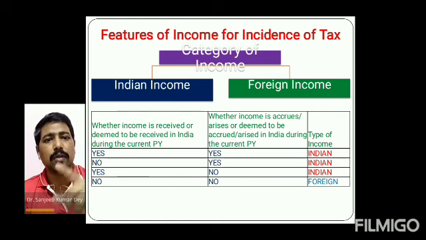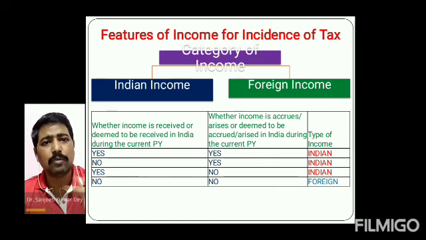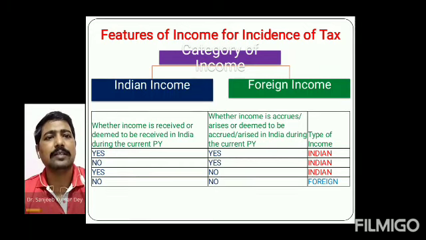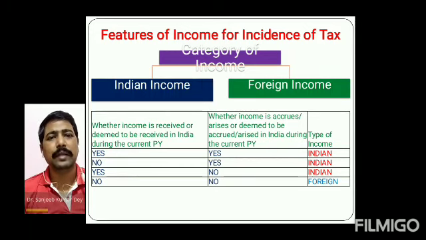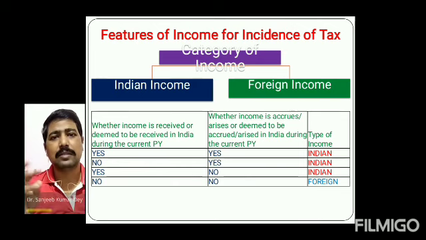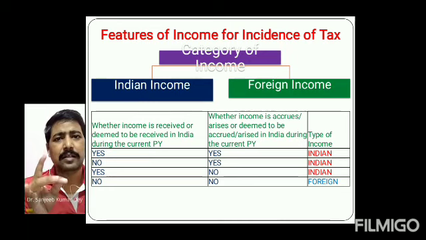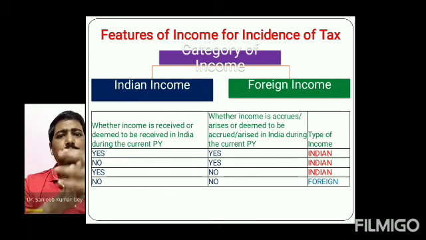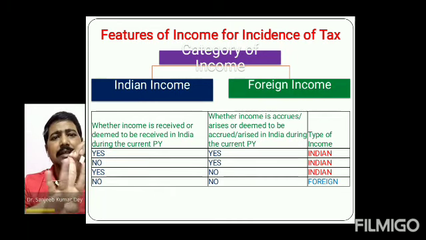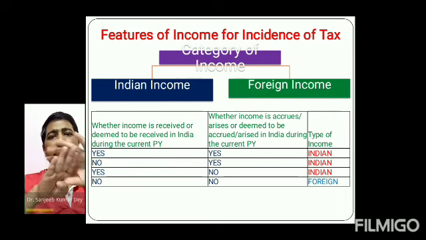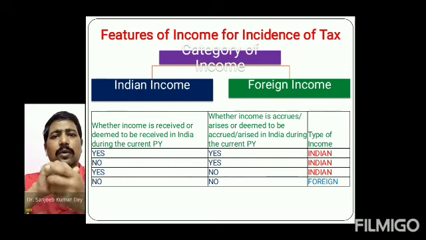But if all the answers are no, then it is foreign income. Again, if income is received, deemed to be received, accrued, or deemed to accrue, if any one of the four is yes, then it is Indian income. If all four are no, then it is foreign income.